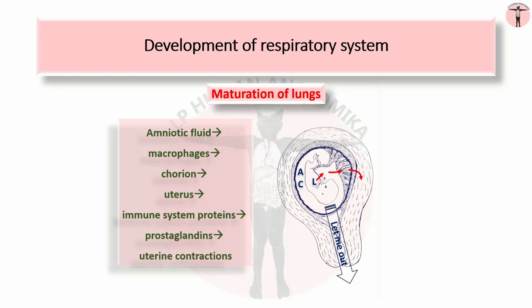Upregulation of these proteins results in increased production of prostaglandins that cause uterine contractions. Thus, there may be signals from the fetus that participate in initiating labor and birth.